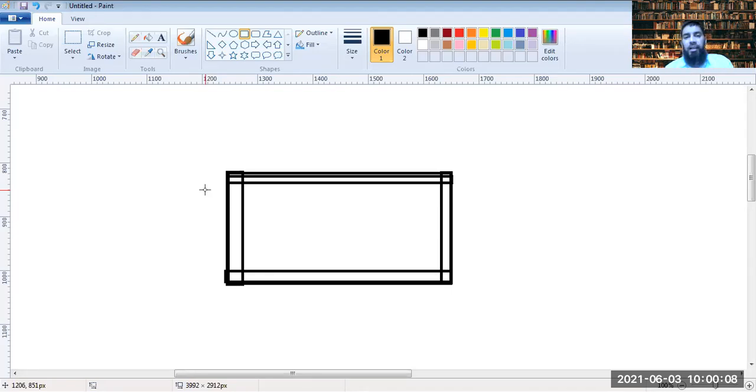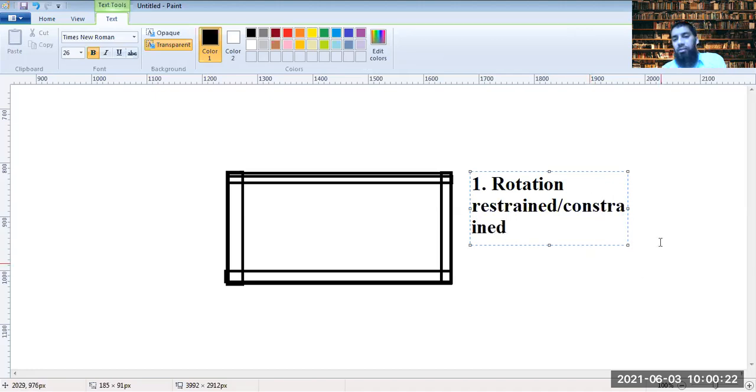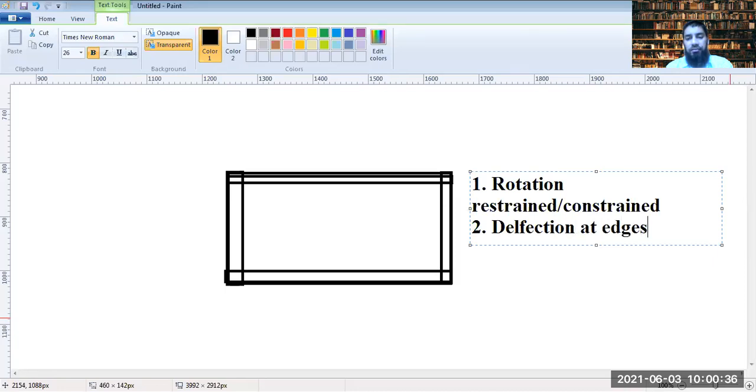A constraint has been given to the rotation, it has been restrained or constrained. So the slab's rotation, similarly, it cannot lift up. Thereby, the deflection at the edge is also restrained or constrained.